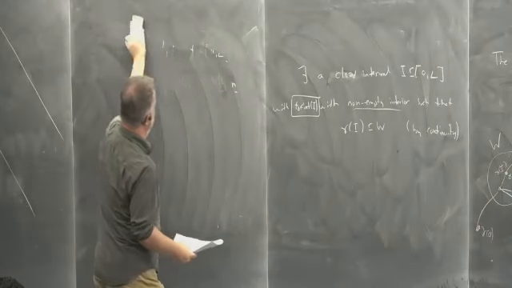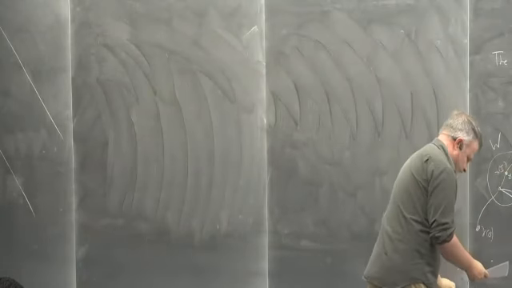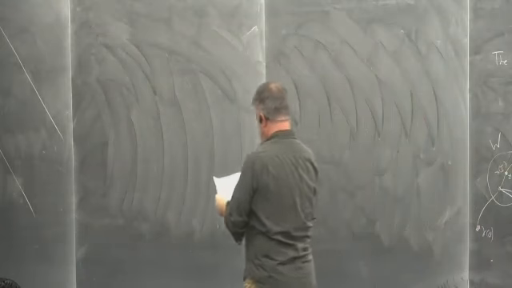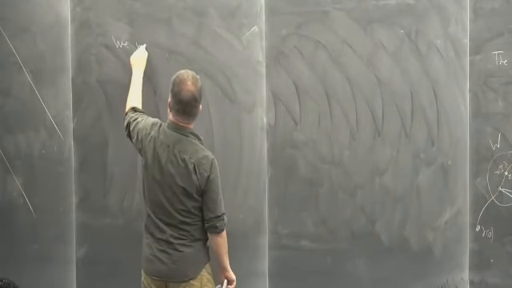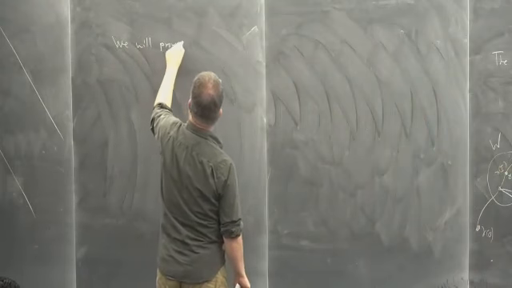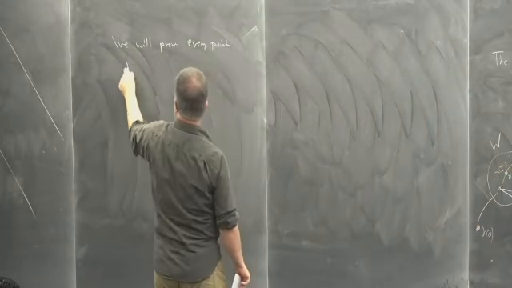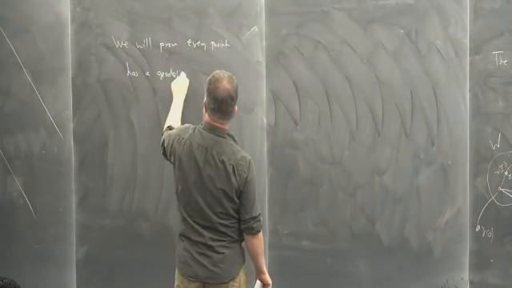Exactly a quarter of the way through the term. Okay, so we will prove every point has a geodesically convex neighborhood.